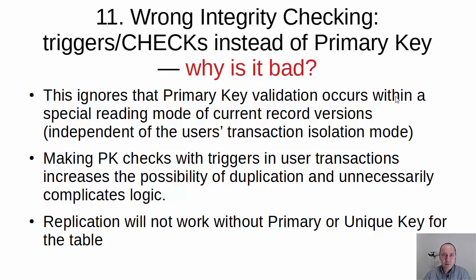When you are using the primary key, Firebird uses a special mode to see all current record versions, and it will not be possible to insert duplicates, because this check is performed on the lower level of the Firebird engine.